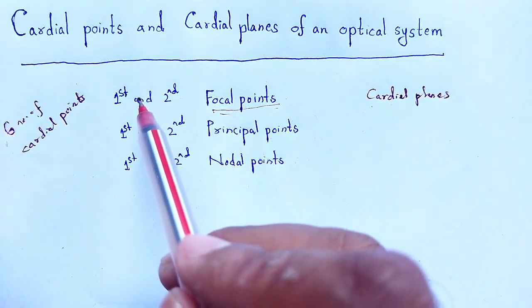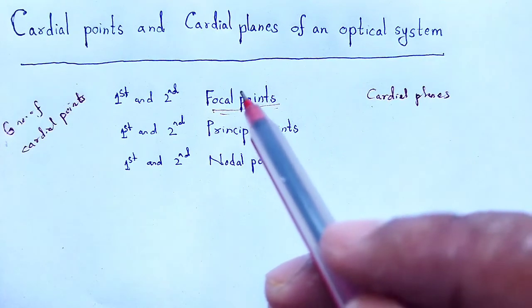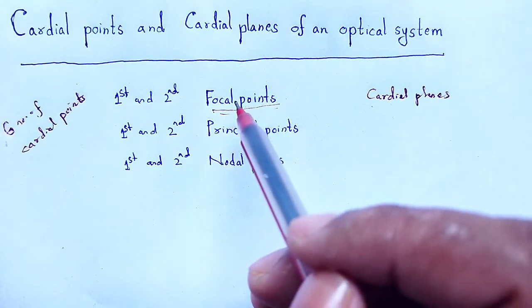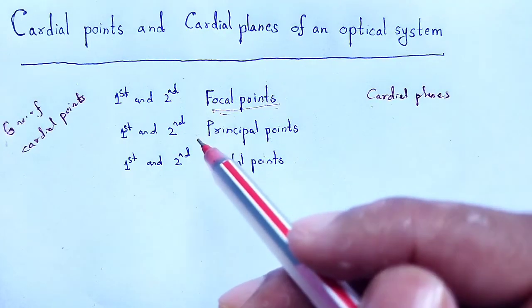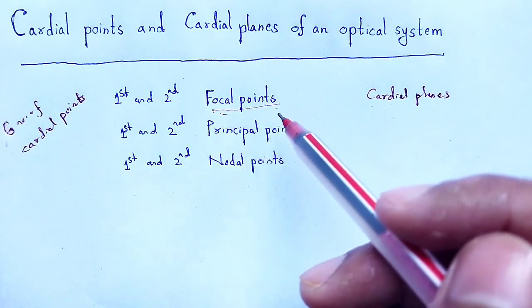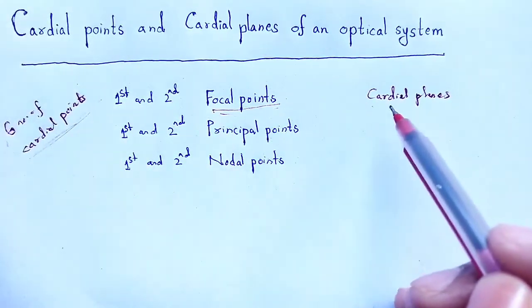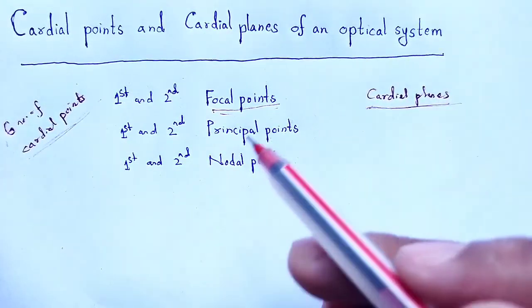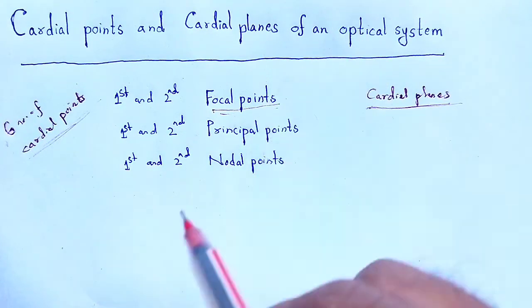If it passes through the first focal point, it is named as first focal plane. If it passes through the second focal point, it is named as second focal plane. Like this, the cardinal points and cardinal planes are categorized. Now we have to discuss one by one.